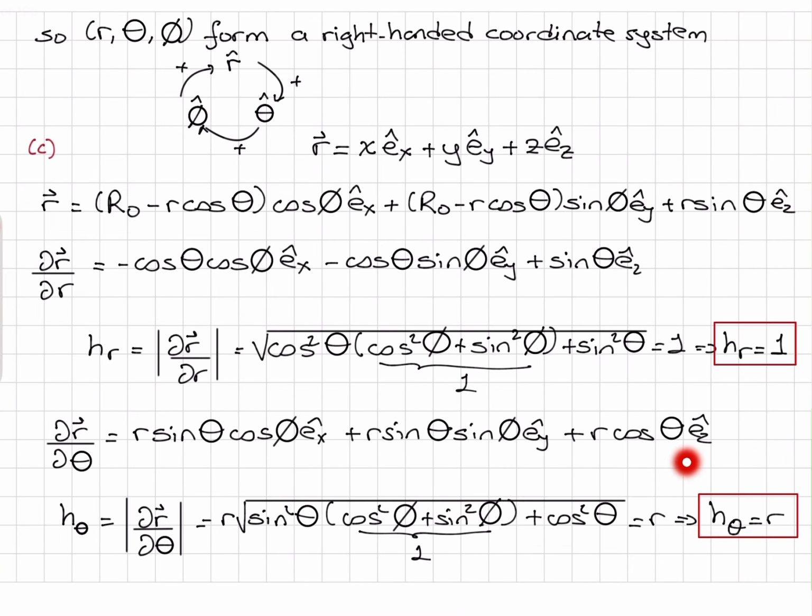I'm going to take a derivative of the position vector r with respect to the coordinate phi. There is no phi on this one, so no derivative from this part. This one will give me minus sine phi, and this one will give me plus cosine phi.